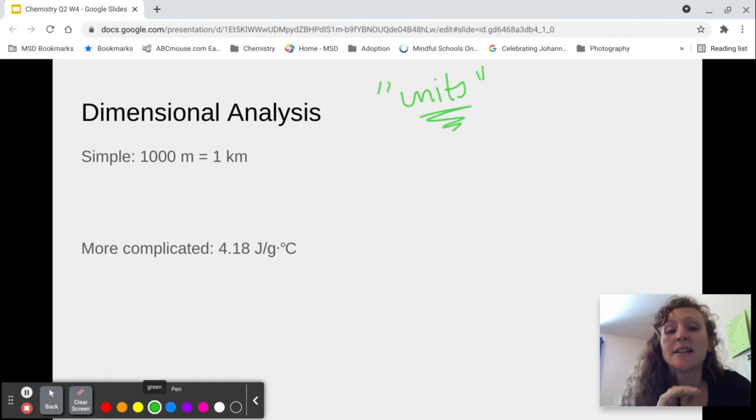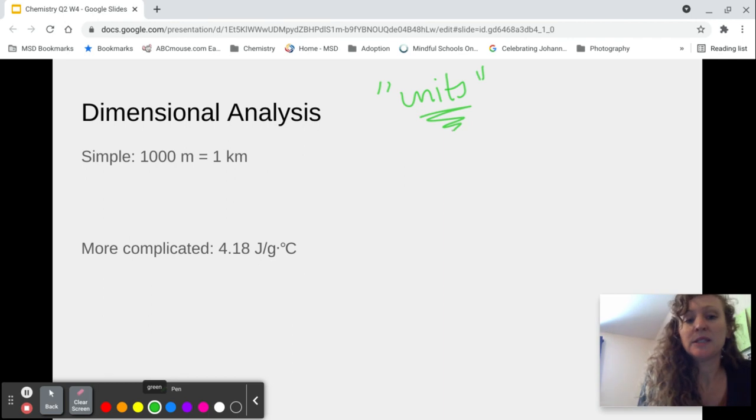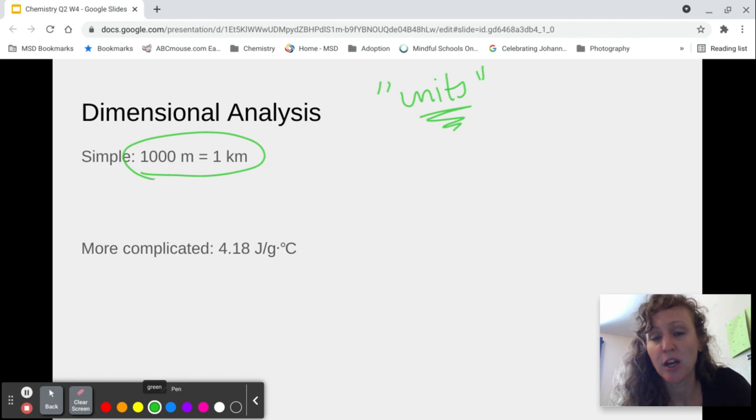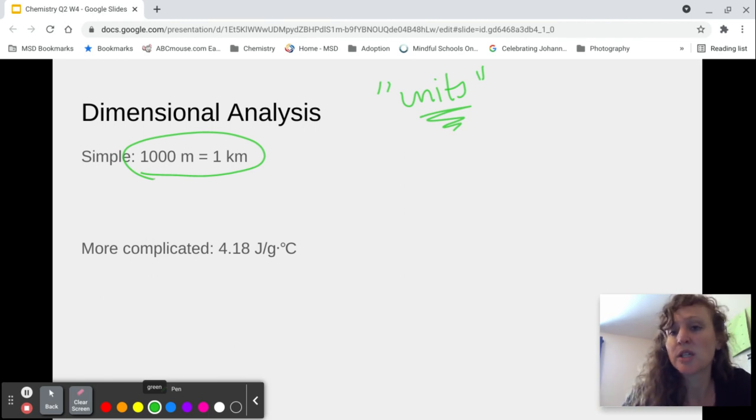So let me show you what I mean in terms of something very simple, like a conversion between meters and kilometers. Now, I know you've done this before. You may have actually already used dimensional analysis as you try to work through things in meters or kilometers. So what we're looking at really when we talk about meters and kilometers is usually a conversion.